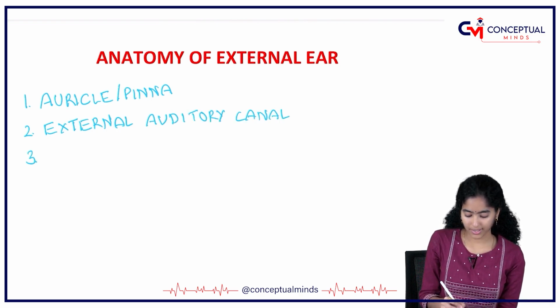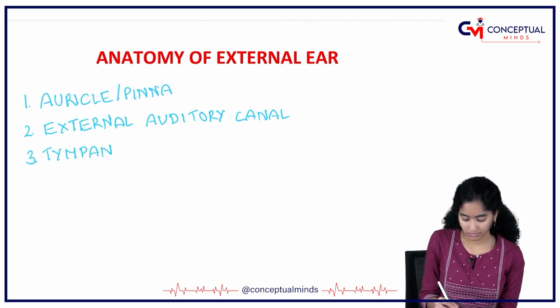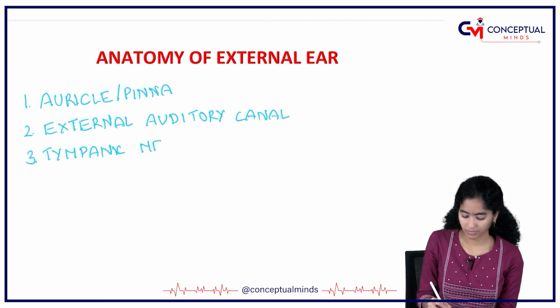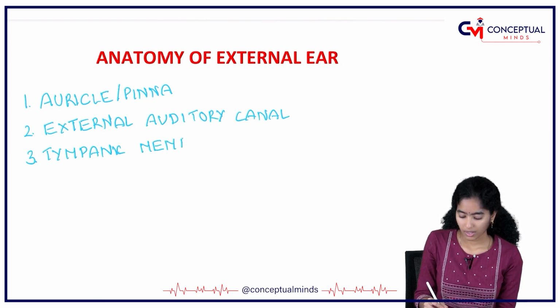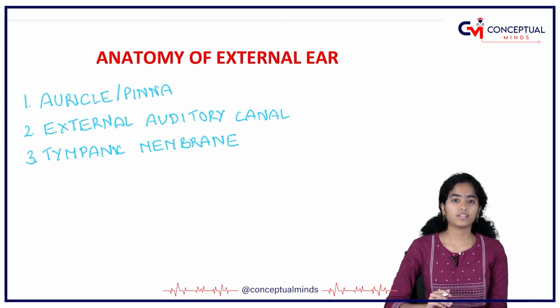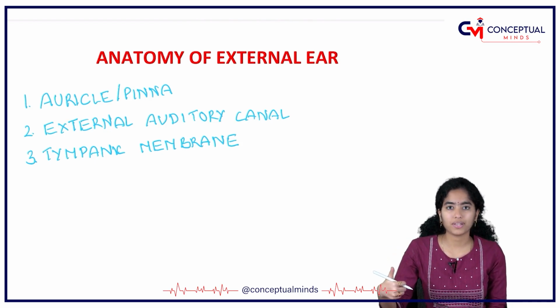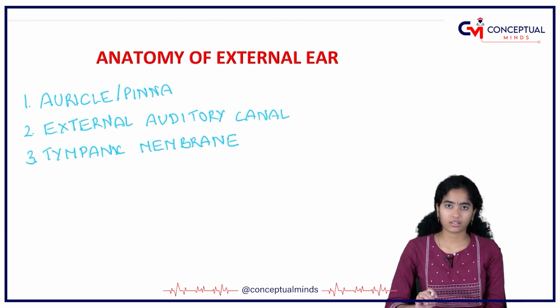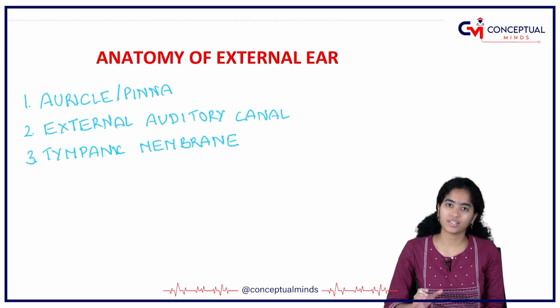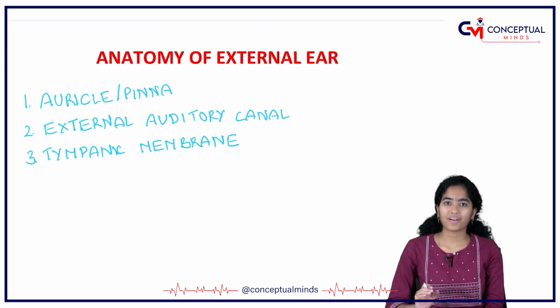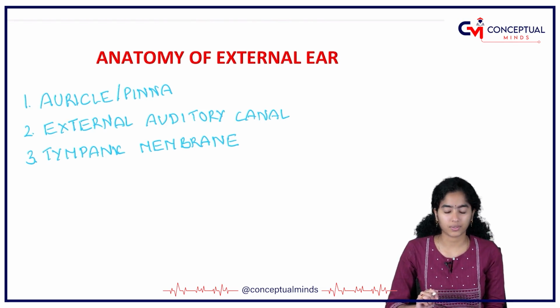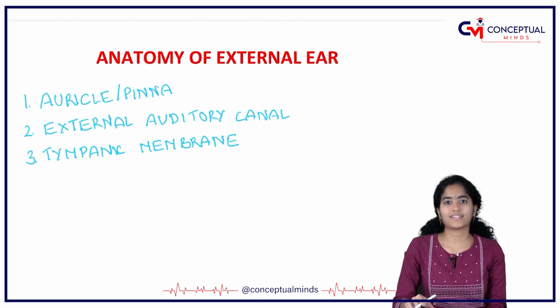And the third part is the tympanic membrane, which separates the external ear from the middle ear. Auricle, also called pinna; external auditory canal, also called external acoustic canal; and finally the tympanic membrane, which separates the external ear from the middle ear. Now first and foremost, let us learn about the pinna.